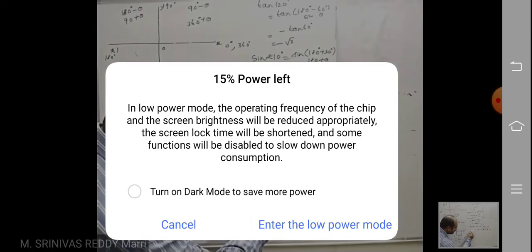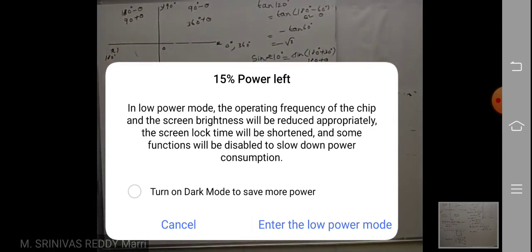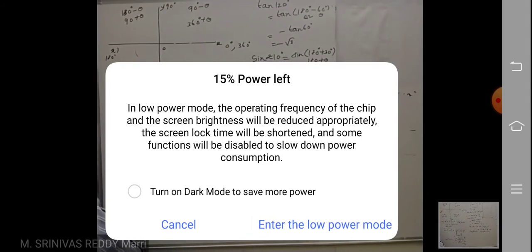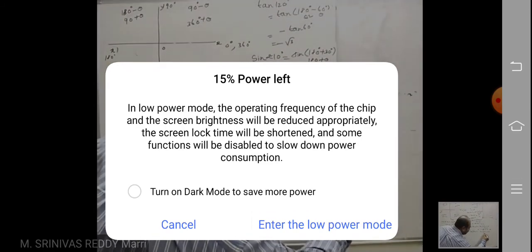Suppose take an example again. Sine of 330 degree. So I can write 360 minus 30. This is of the form 360 minus theta.